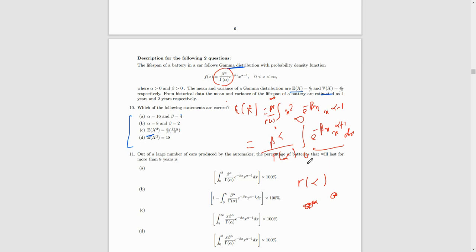Yeah, definitely, you are right. So I think it's beta to the power alpha upon gamma alpha, we have this in the beginning, and it will be gamma of alpha plus two, right? Yeah, just wait.